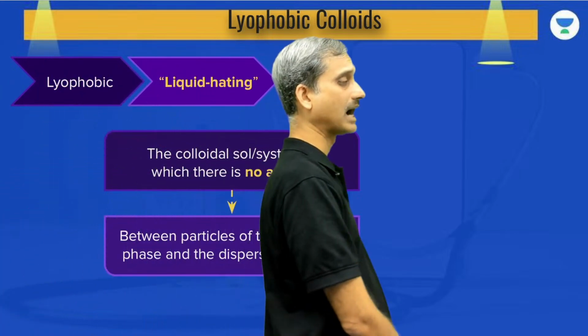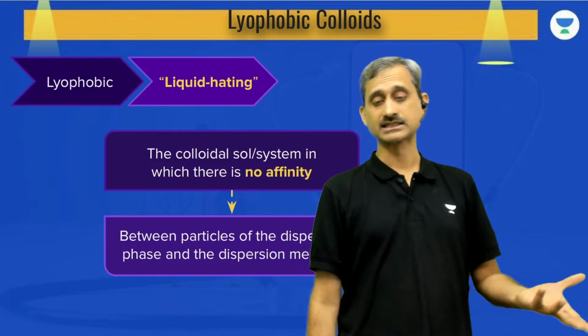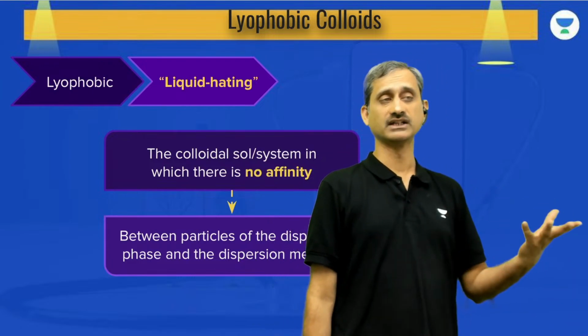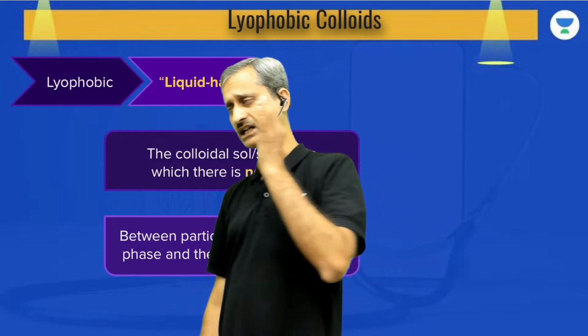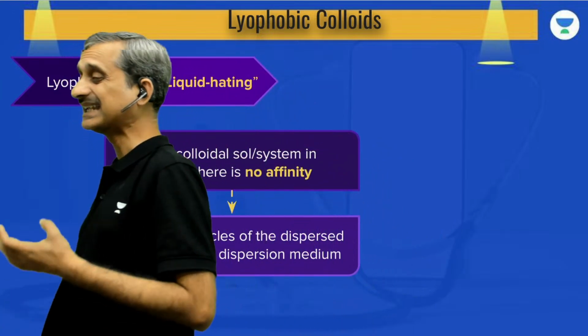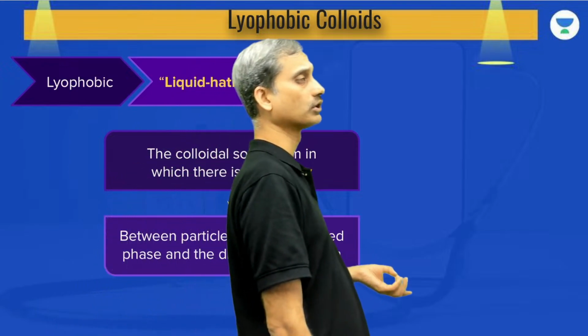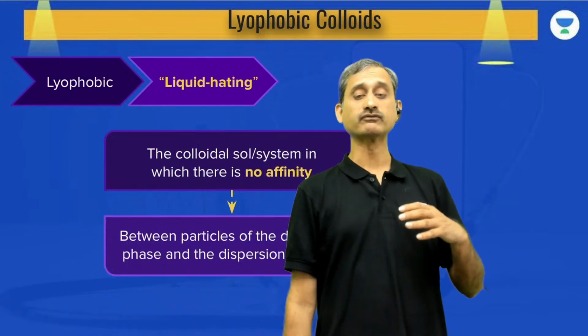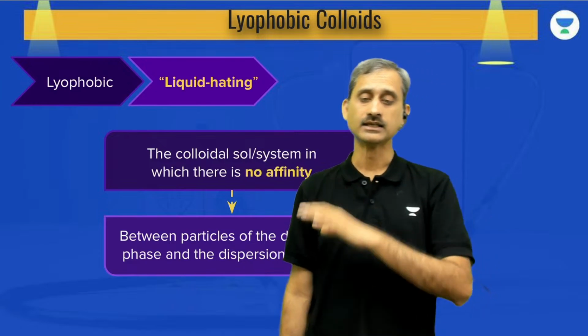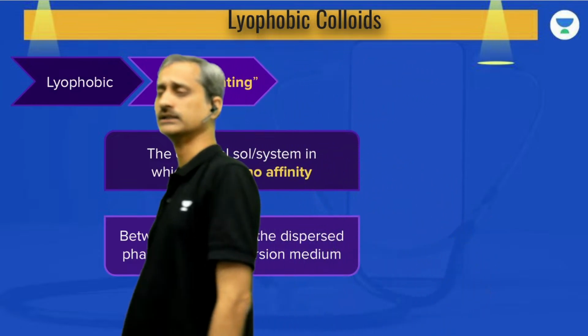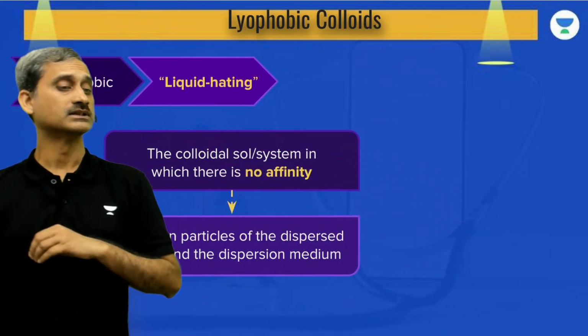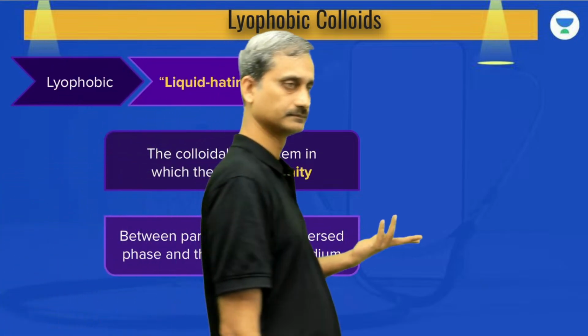Many a times we have to add the stabilizing agent, and that stabilizing agent again is going to be a lyophilic colloid. Now, lyophobic colloids are difficult to form. They easily settle down. And once they settle down, they do not go into the colloidal phase that easily. We'll have to do the process once again. Then only they will be able to go in the colloidal phase once again.